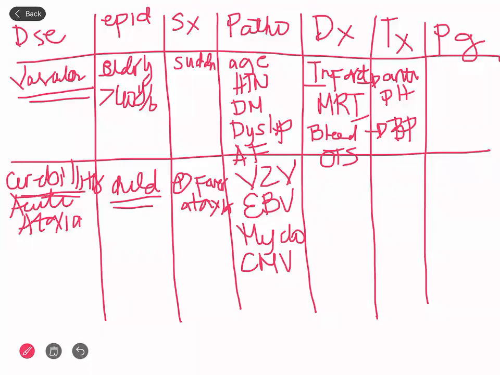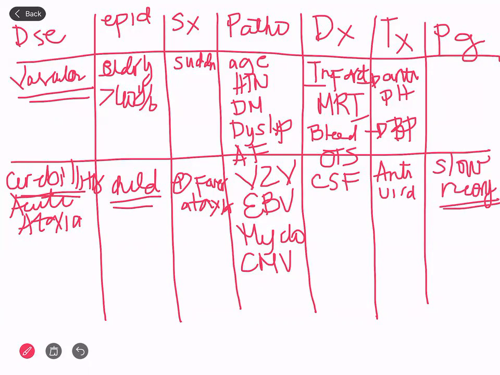Diagnostics, of course, the gold standard is CSF analysis: you'll do lumbar puncture and then CSF analysis. Treatment, antiviral medications. Usually the prognosis is a very slow recovery, and sometimes very high mortality. So that is for cerebellitis.